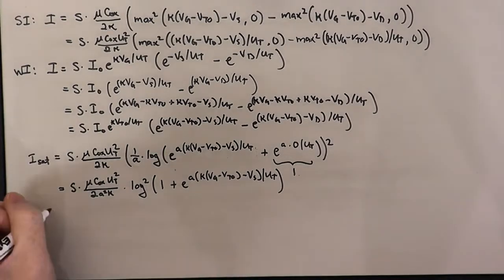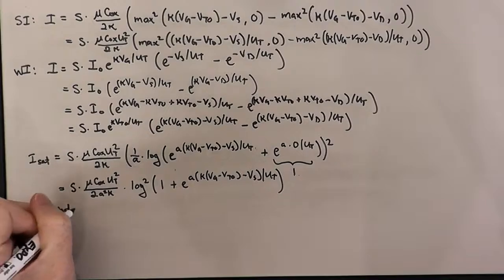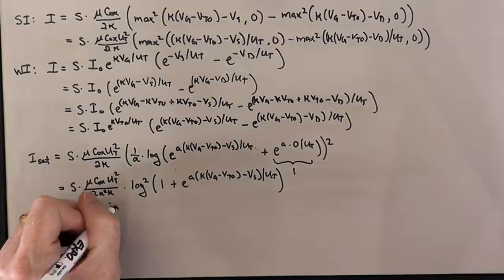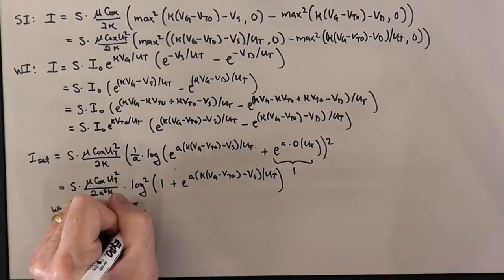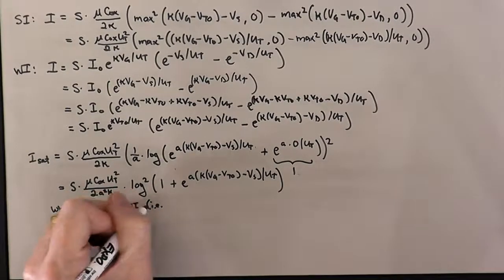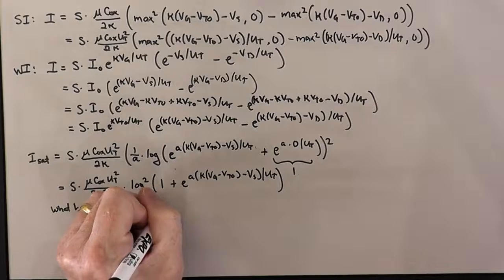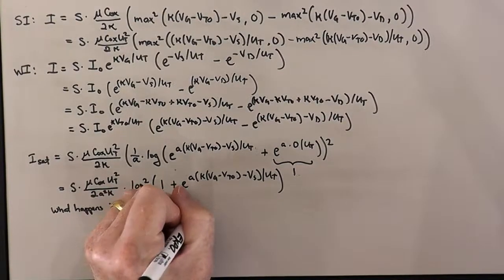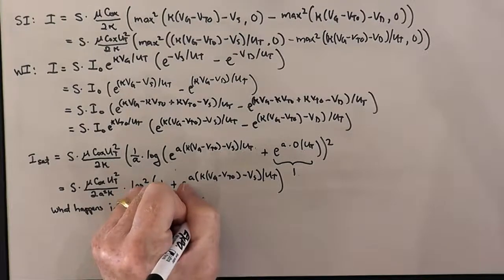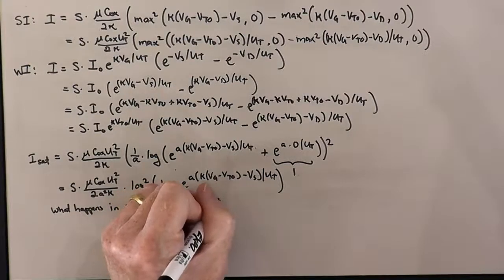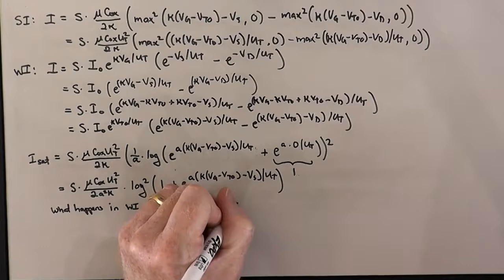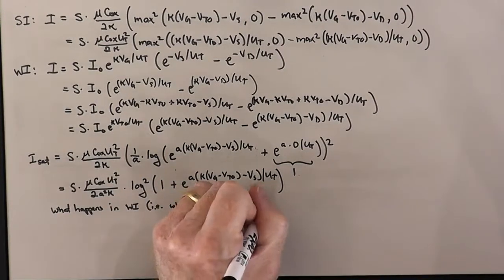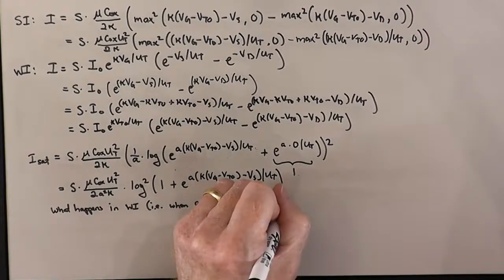So what happens in weak inversion, i.e. when a times kappa Vg minus Vt0 minus Vs over Ut is less than 0?